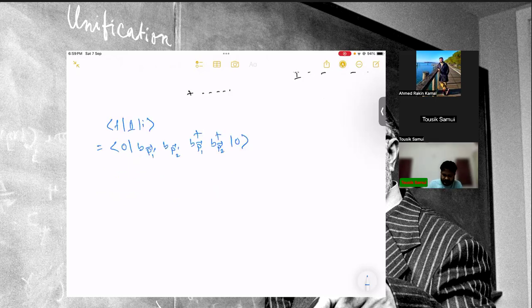and the identity does nothing. Now we have to do some computation, and we remember the commutation relations that b_p with any, let's say, b_q dagger is nothing but 2 pi whole cubed delta cubed (p minus q).